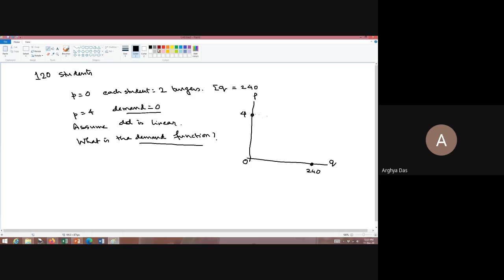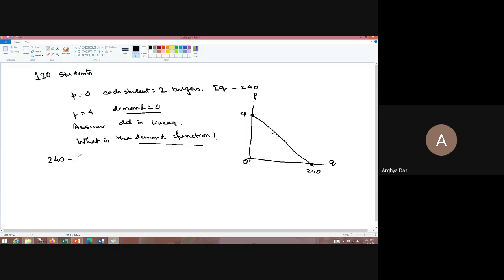Sir, can I answer? Sure. The equation will be Q equals 240 minus 60p.